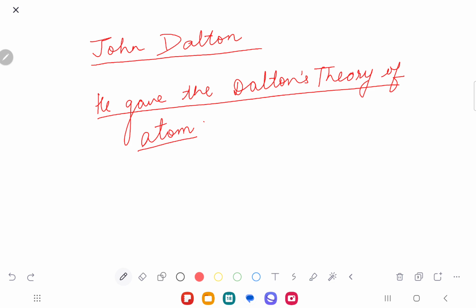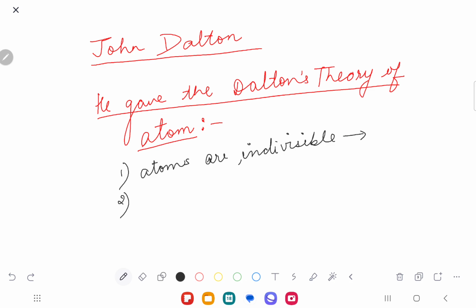This Dalton's theory of atom basically said that atoms are indivisible. The very first point of Dalton's theory was that atoms are indivisible. That means you cannot further divide an atom. Atom is so small that you cannot further divide an atom.